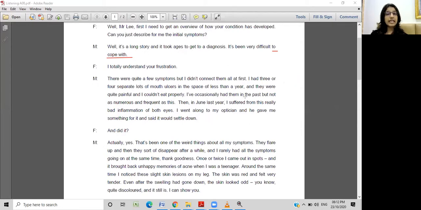So there it said "increased incidence of something," but the patient said "not as numerous and frequent as this." Right? So a very different way of describing the symptom. Then "settle down." To settle down is to resolve, but a patient would never say that it resolved or it was cured.